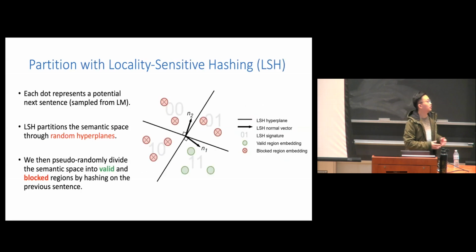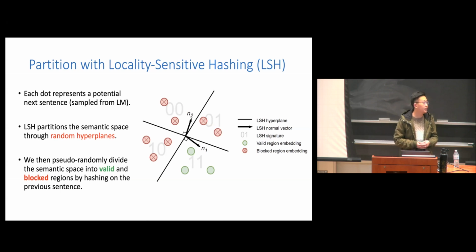So here is a more detailed overview of how we partition the space. Each dot on this figure represents a potential next sentence sampled from the language model and then embedded into the sentence embedding space using the Sentence-BERT encoder. Then we use LSH to partition the space using some random hyperplanes.